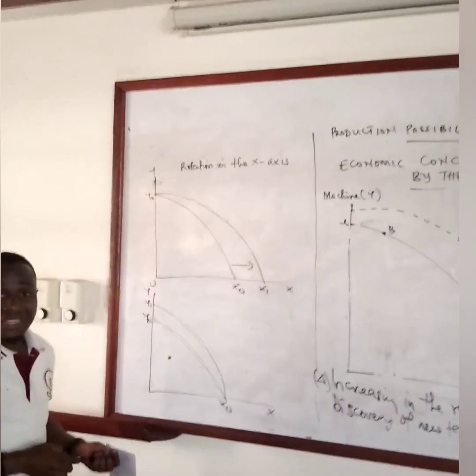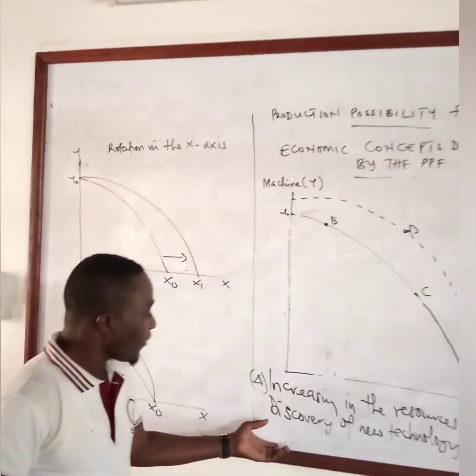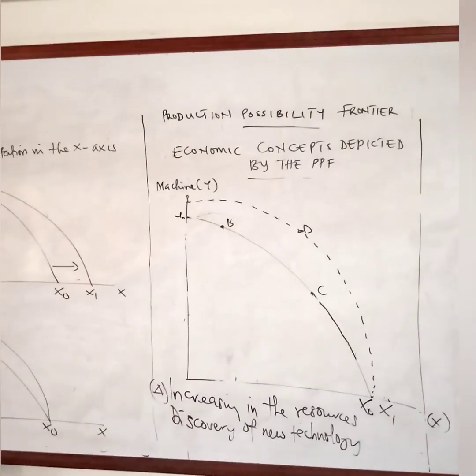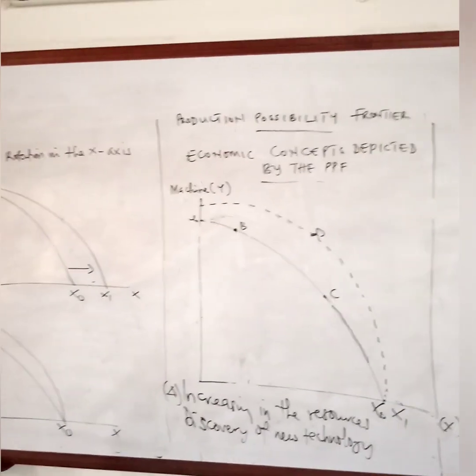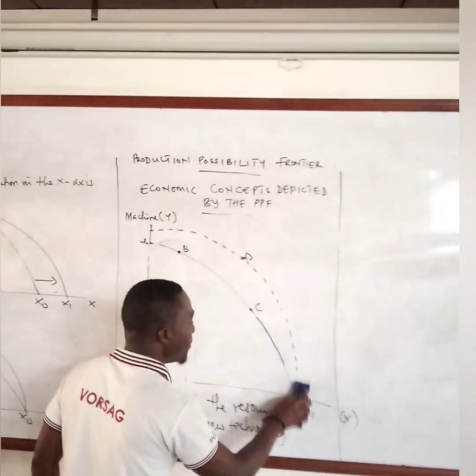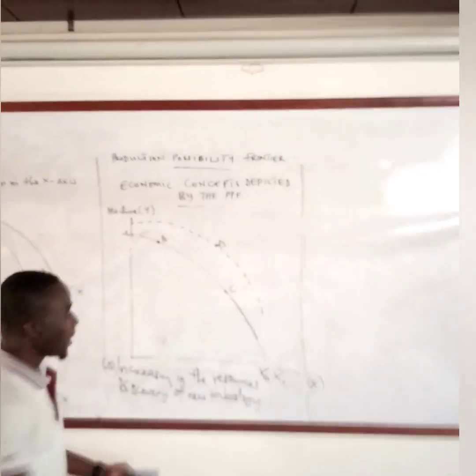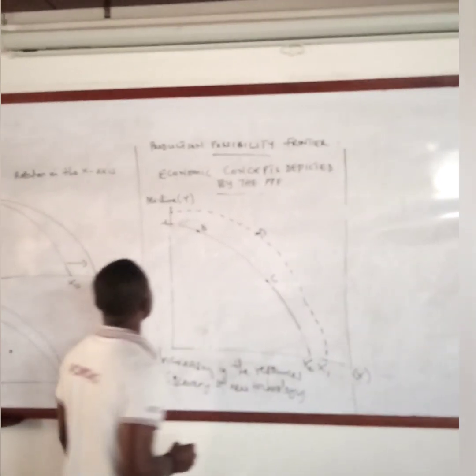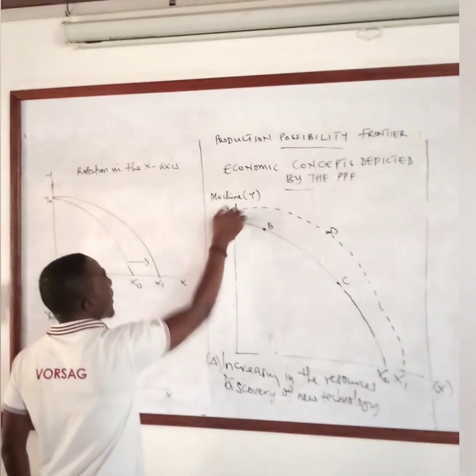Now the last thing is that we have the discovery of new technology in the production of the two goods. It means that both goods increase. So in that case, instead of one remaining constant, both of them increase. And I'll have something of this sort. This is Y1.